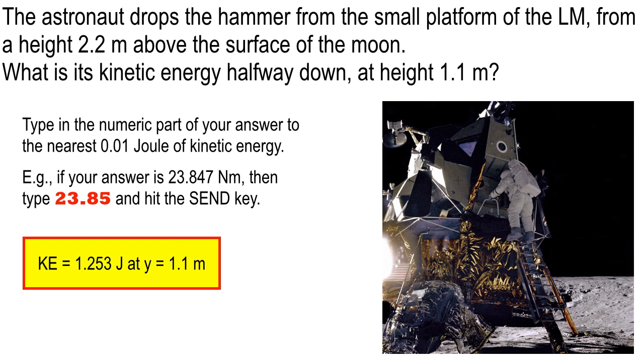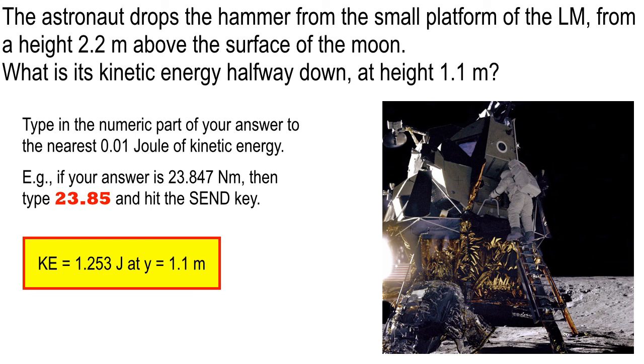We got a question in the back. Go ahead. Explain it. 0.7 times 1.62 times 1.1. The drop is mg delta y. And it's negative 1.62. The delta y is negative 1.1.